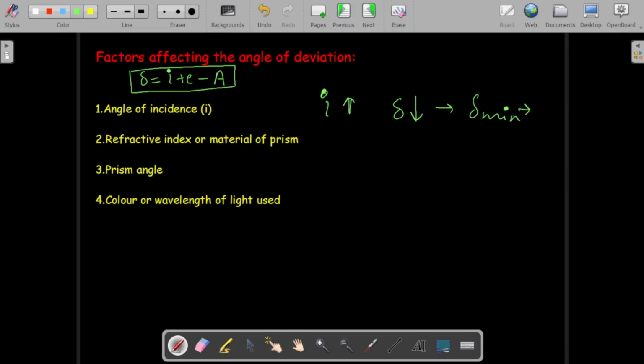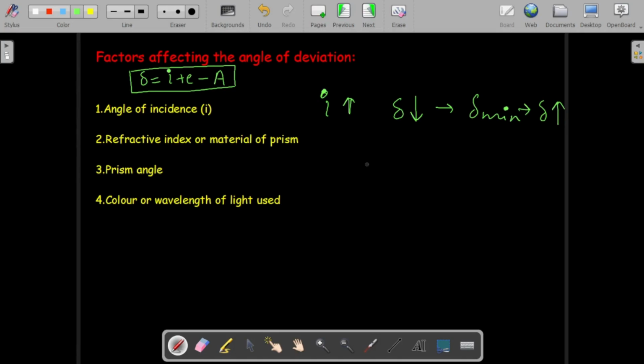After that, if we further increase the angle of incidence, it has been found that this delta, that is the angle of deviation, will increase. So by changing the angle of incidence in increasing order, first the deviation angle decreases till a certain point, and after that it starts increasing. So the first factor on which delta depends is the angle of incidence.